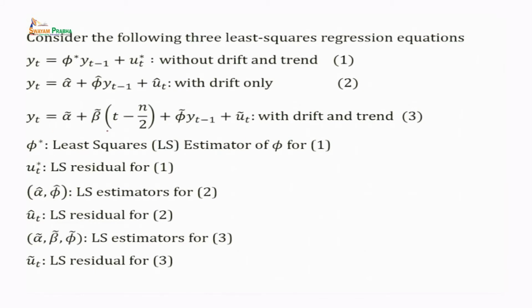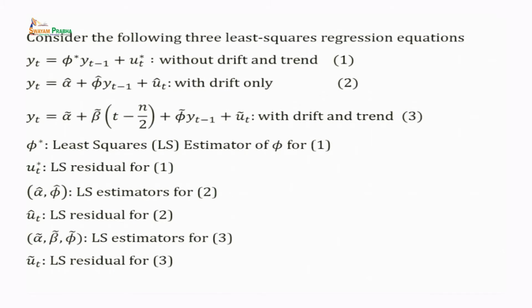This equation has drift term alpha curl as well as the trend. Actually, we have centered the trend term by subtracting the midpoint n/2 from t. So, that is why we have taken here t minus n/2.